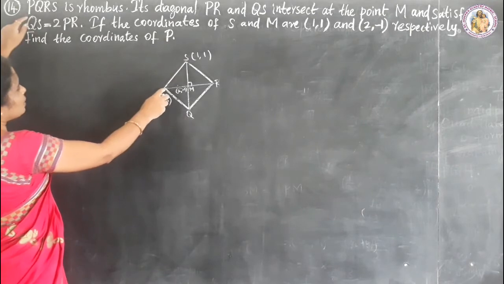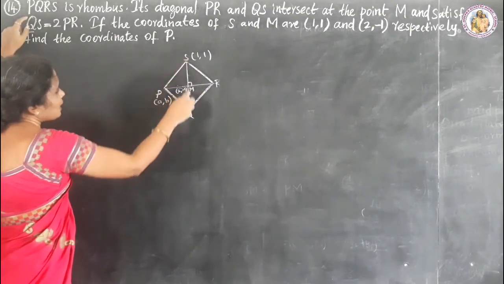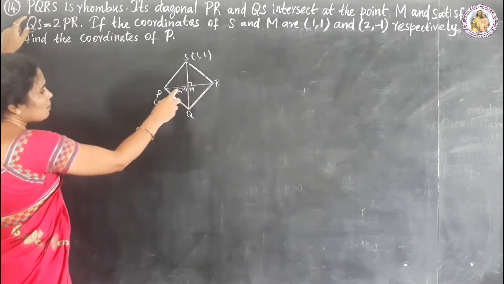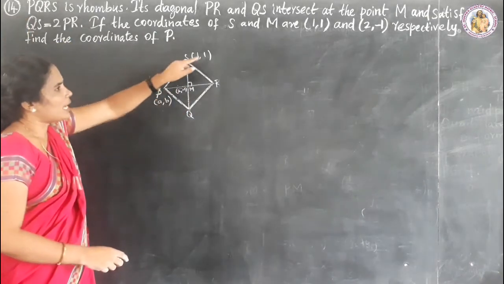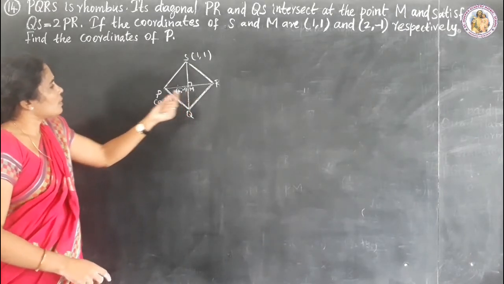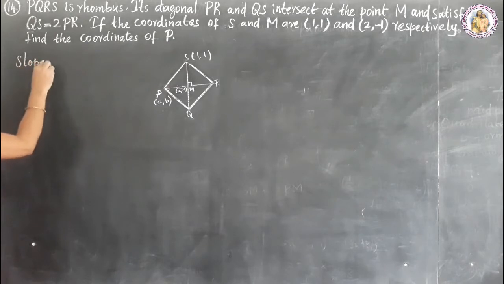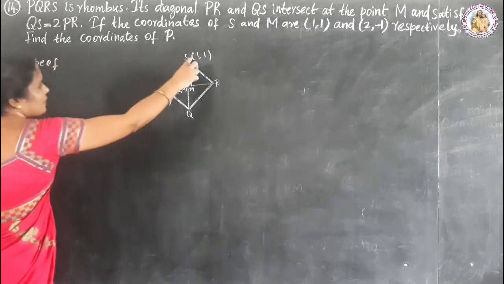As it is given that PQRS is a rhombus, its diagonals PR and QS intersect at M. So the point S is (1, 1) and M is (2, -1). Now let us find the slope of SM.